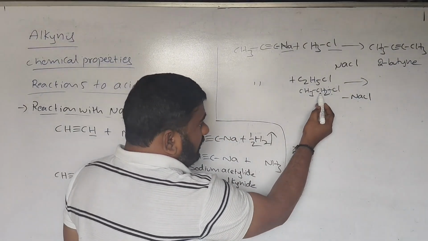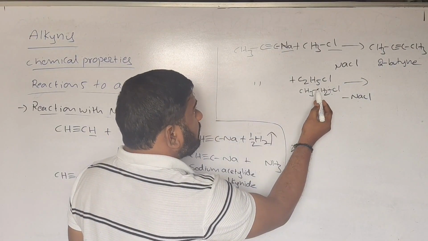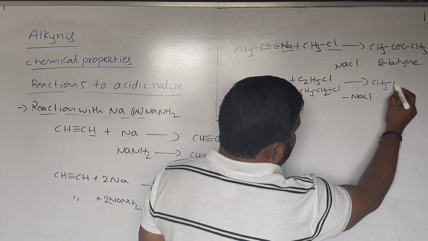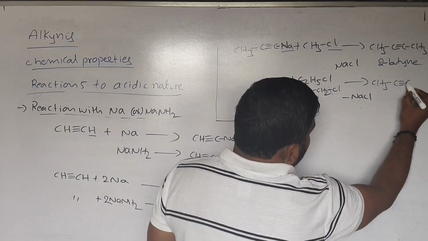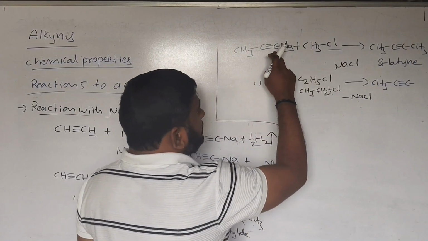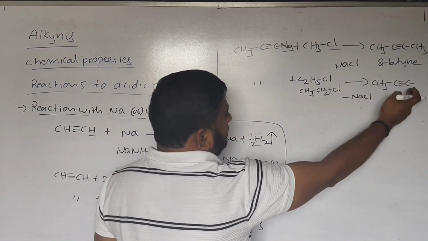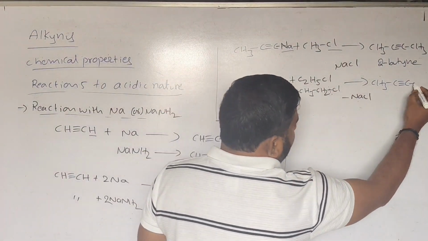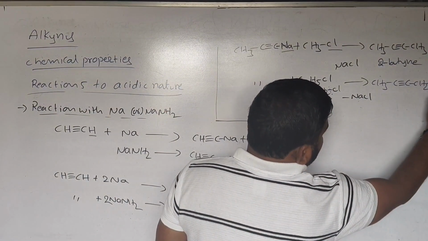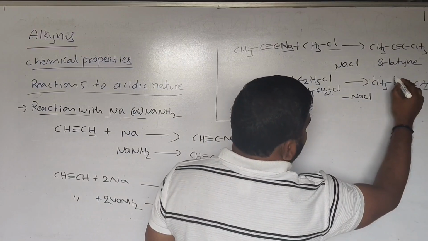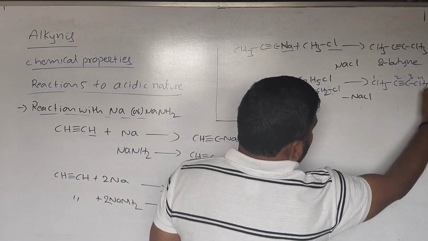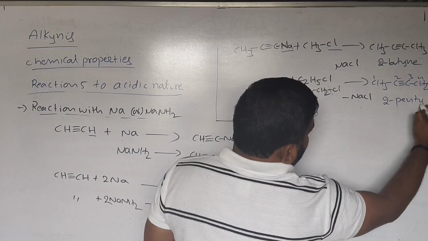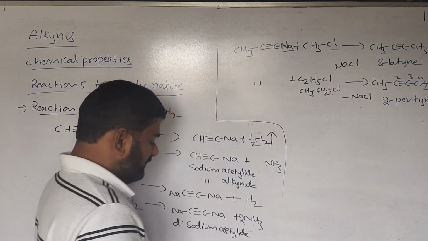Where you are breaking the bond, that carbon you have to add to the triple bonded carbon. Then what will you get? CH3 C triple bond C, up to here I have written. Later to this part, this CH2 CH3 you have to add. Then what is the name of this, 1, 2, 3, 4, 5? So 2-pentyne will be obtained. In this way we can prepare the higher alkyne.